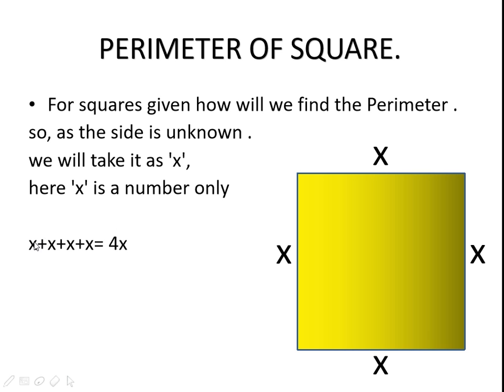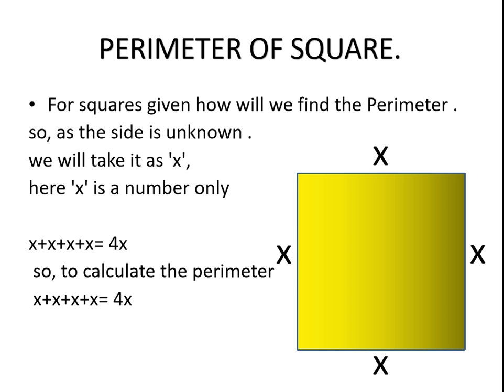We'll write 4 times x as 4x, because we do not put a multiplication sign between a number and an alphabet; we simply write it as 4x. So to calculate the perimeter, we'll use x plus x plus x plus x equals 4x.